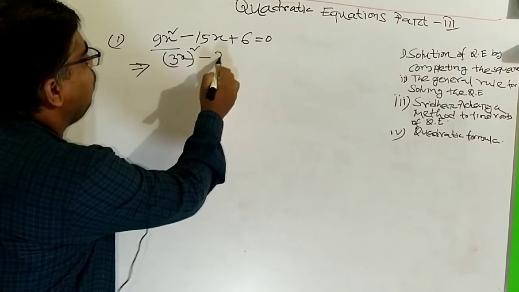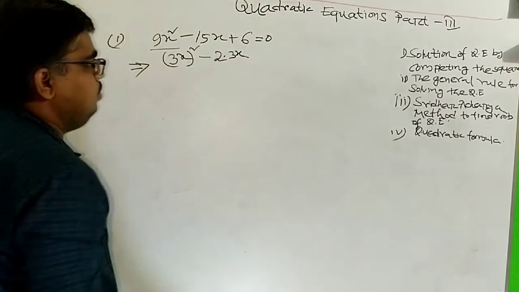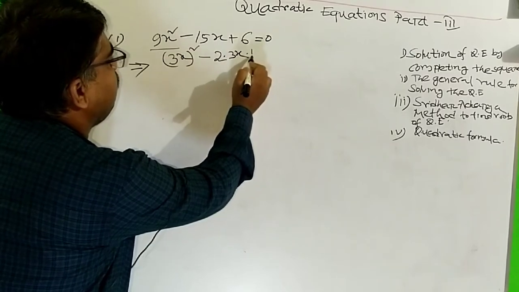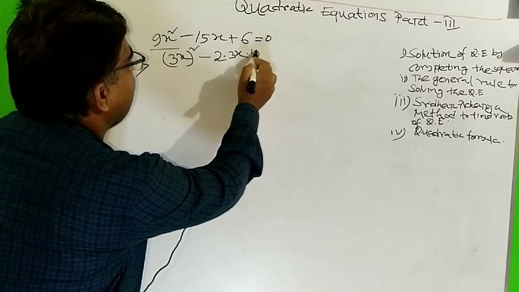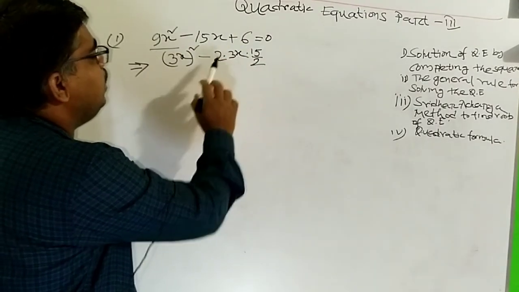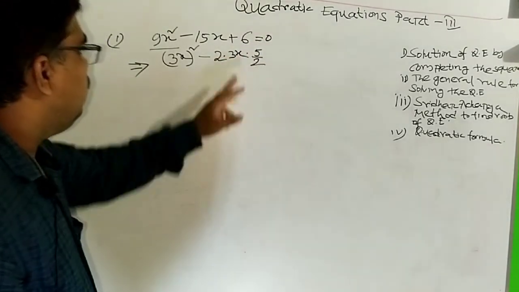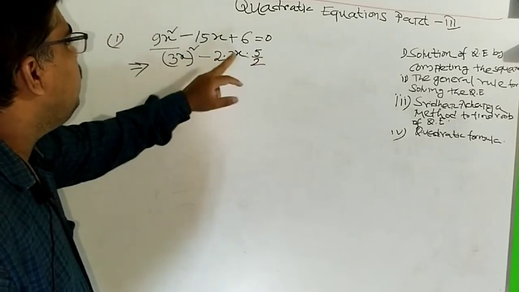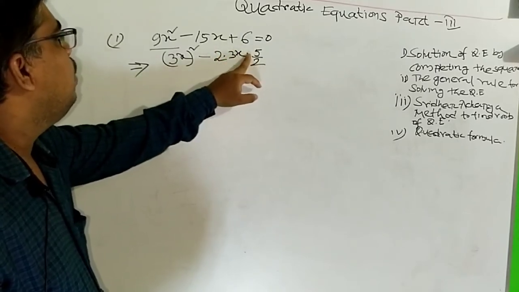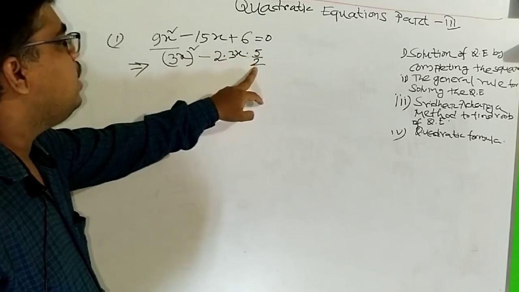Again we write 15x as 2 into 3x into 5 by 2, such that when we multiply 2 into 3x into 5 by 2, when we multiply with 3x we get 6x, again when we multiply with 5 we get 30x, and when we divide it by 2 we get 15x.